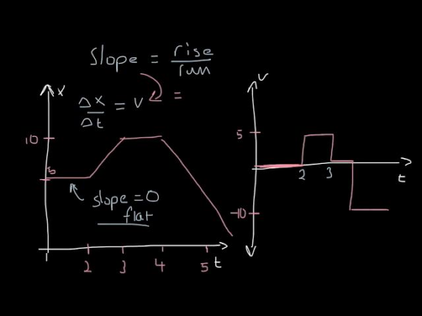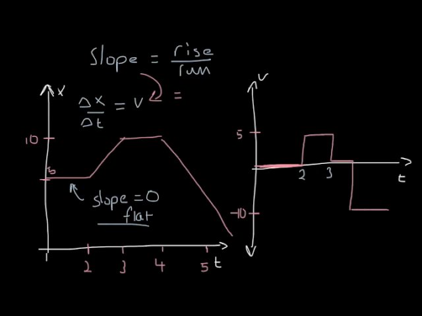And then finally, I have a line down here, and that's at negative 10, because we changed from positive 10 to 0, so we were moving towards the axis. That means that we have a negative slope value.